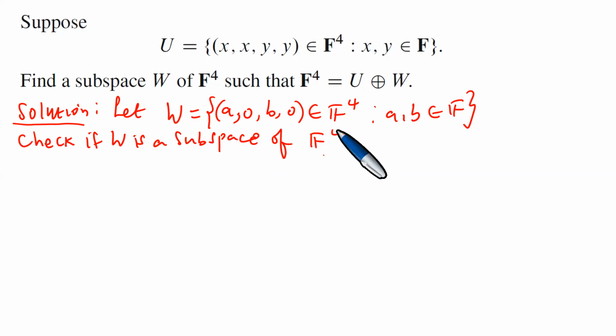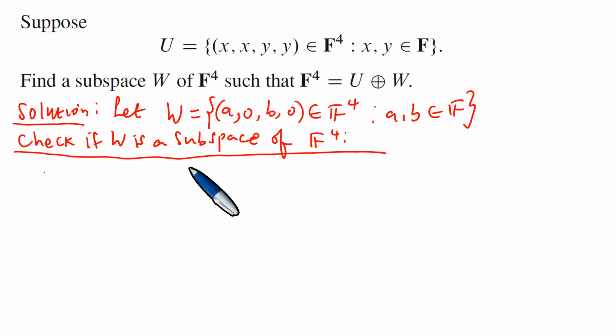Obviously, I'm going to be very brief here. The check is a 3-step check, so we don't expect a lot of writing. In the long questions, you might find a question like this. Even multiple choice has appeared many times, and it is expected that it makes an appearance. Clearly the 0 vector, with 4 component zeros, is of the form having 0 in the second component and 0 in the last component.